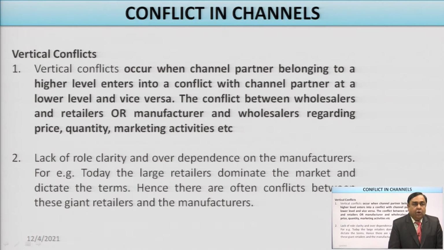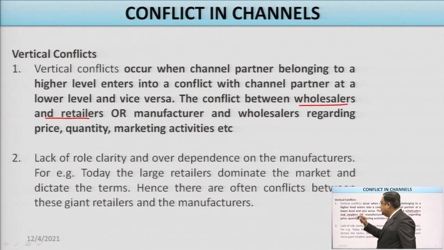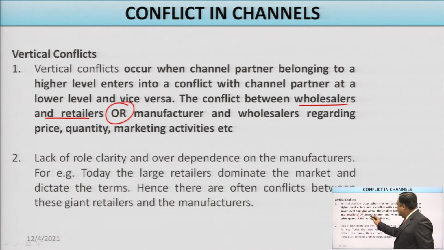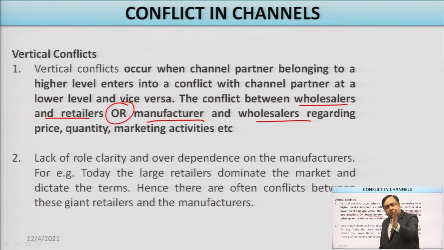The conflict occurs either between the wholesalers and the retailers or between the manufacturers and wholesalers. What are the things on which the conflict is basically arising? The conflict arises mainly in terms of price, in terms of quantity, as well as in various types of marketing activities like promotion and so on.